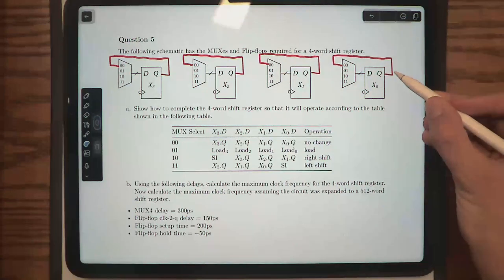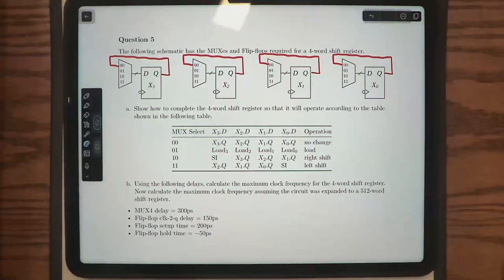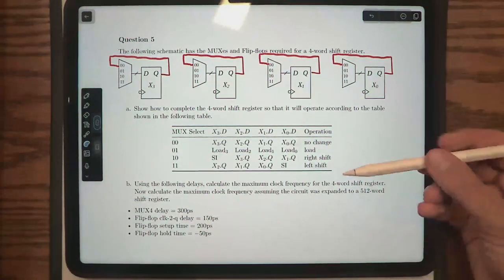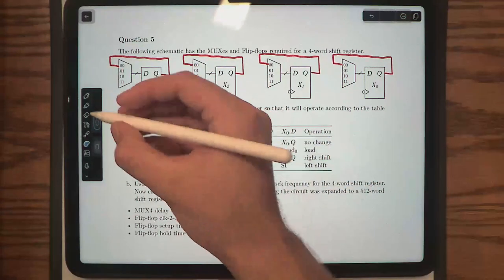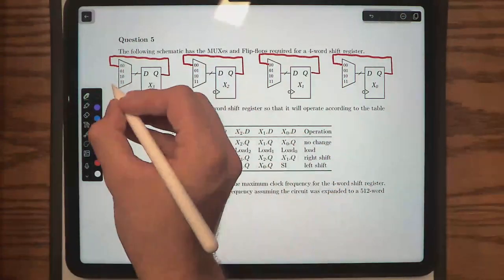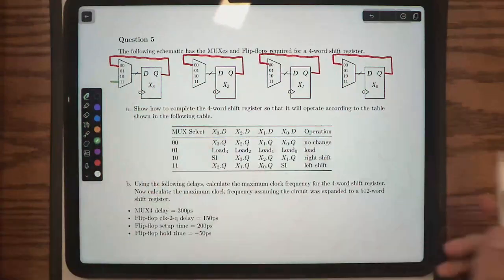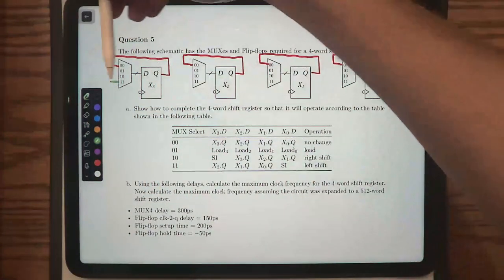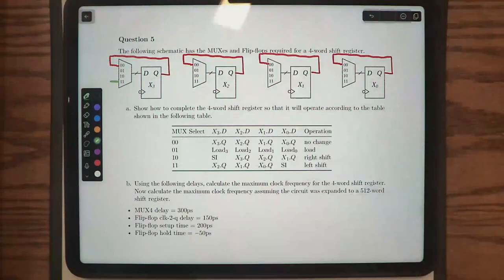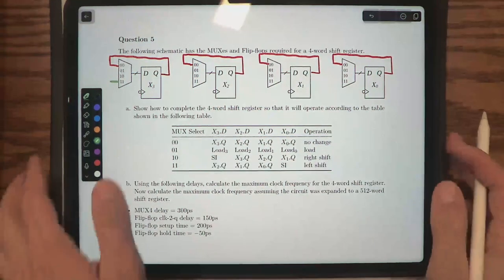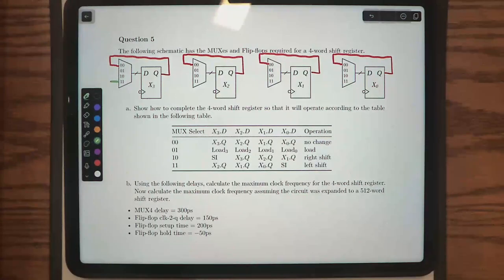Similarly, let's try the left shift now. So left shift is this input right there. How do we feed this now and make it work? So to left shift it, I guess I'm backwards. I keep mentioning the wrong direction, so I apologize for that.